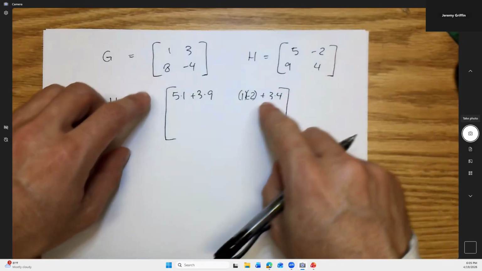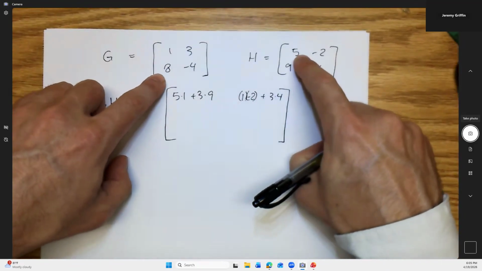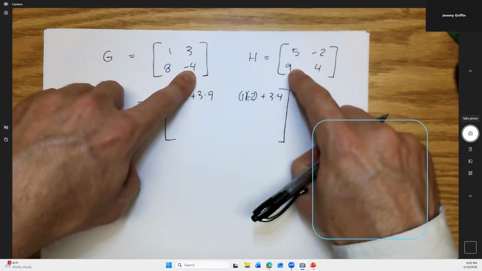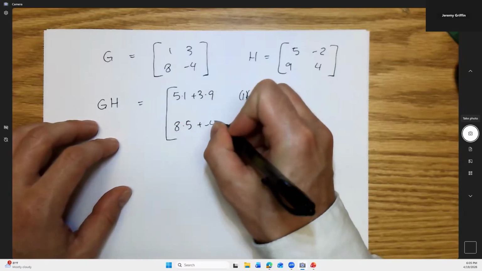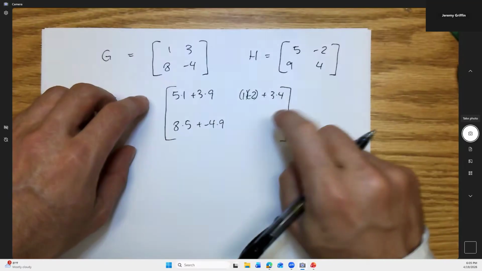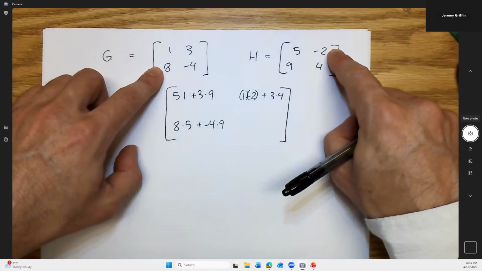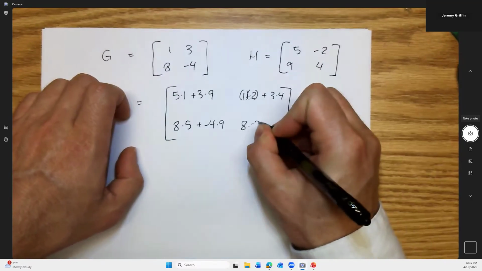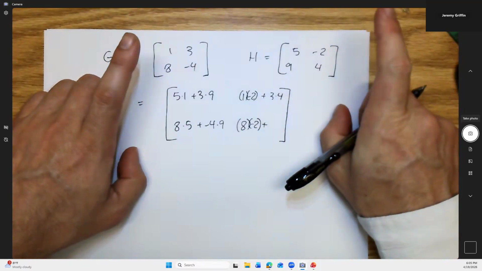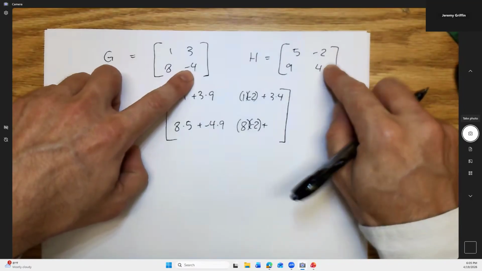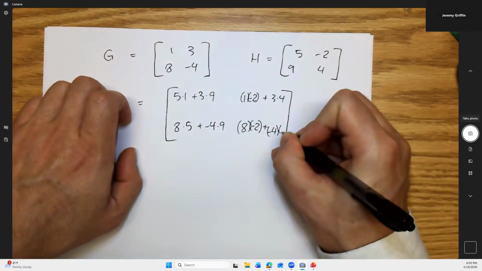Then down here, I got 8, 5, and -4, 9. So 8 times 5 plus -4 times 9. And finally, down here, we got 8 times -2 plus -4 times 4.